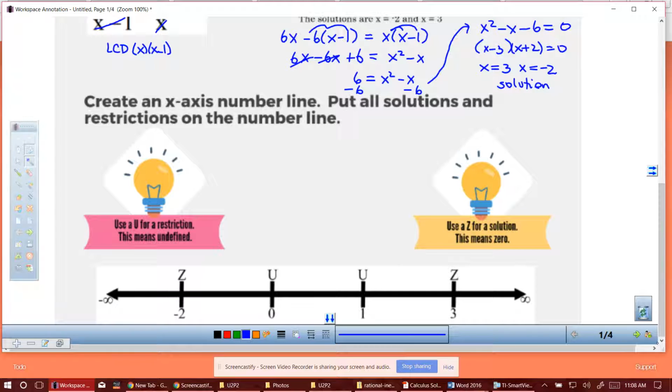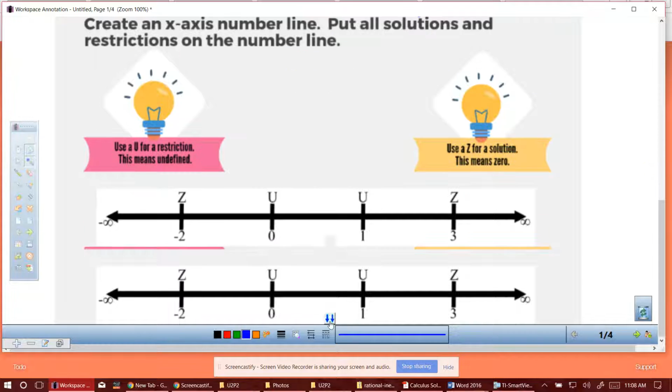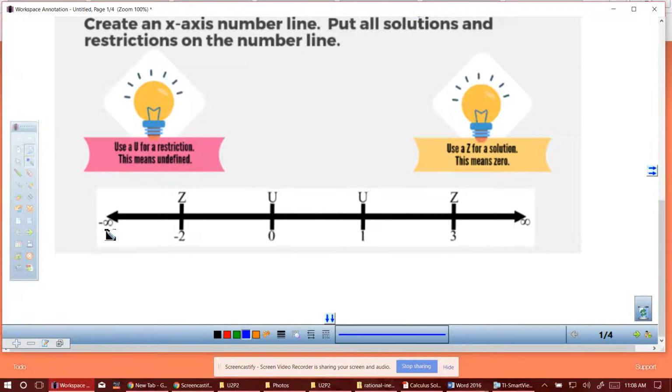I've already made the number line right here, with negative infinity and infinity. We got a solution of negative 2, and I'm going to mark those with z's for zeros. I had a solution of 3, and I marked that with a z for a 0. And the two places that were undefined, 0 and 1, I marked with u's for undefined.